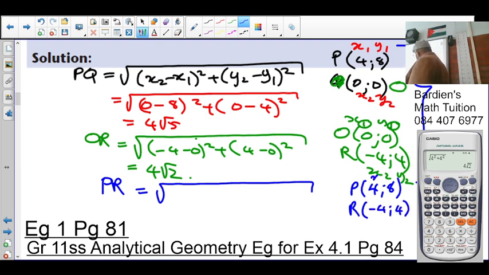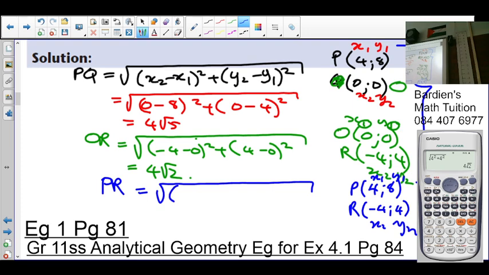Again, if I make this x1, y1, this is going to be x2, y2. So it's going to be the square root of (4 minus 8) squared, plus (negative 4 minus 4) squared. Let's put that in the calculator. 4 minus 8 is minus 4, squared, because of the squared it remains positive.